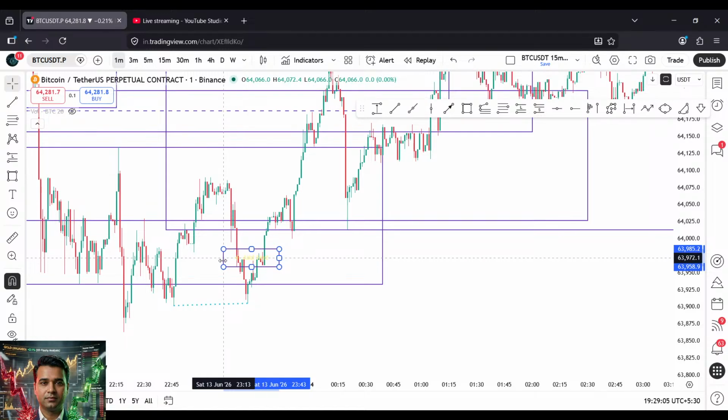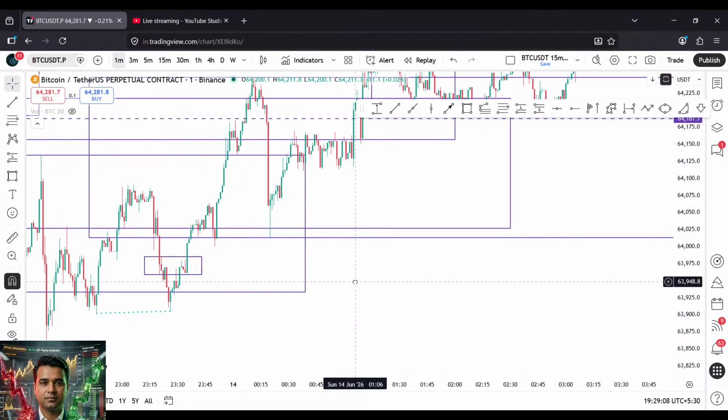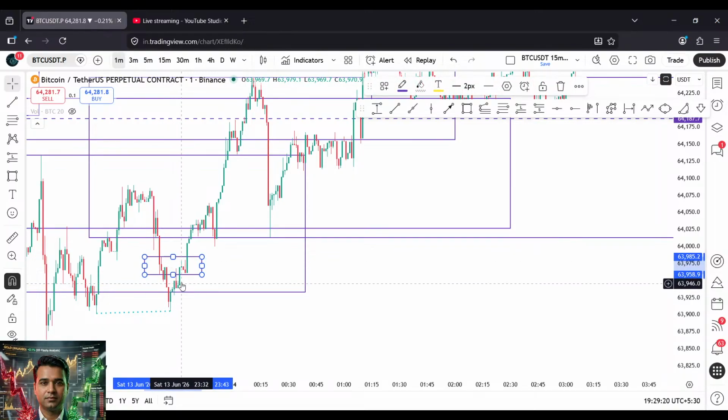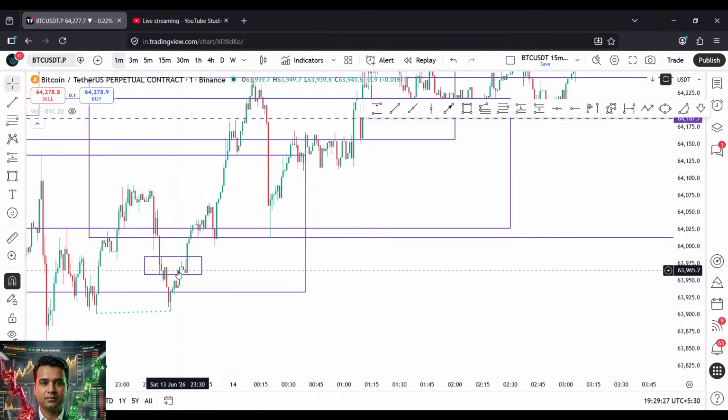Okay, and the swap of this one, this candle. So this, and also price goes up, comes down. This is the DP of this rectangle. Price goes up, but never came down to the DP here. Okay, do you see this? Never came down to the DP here.